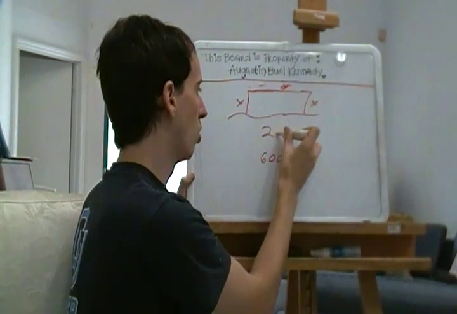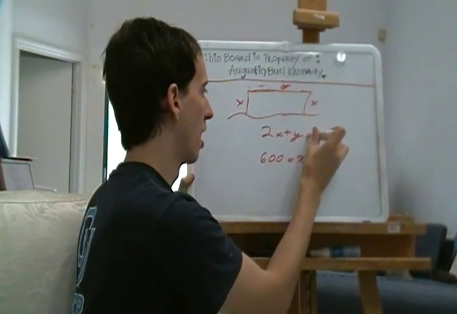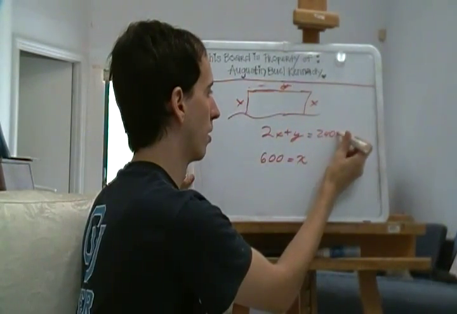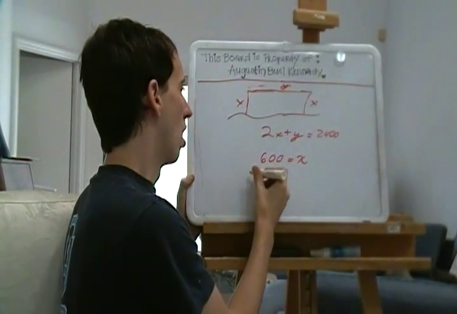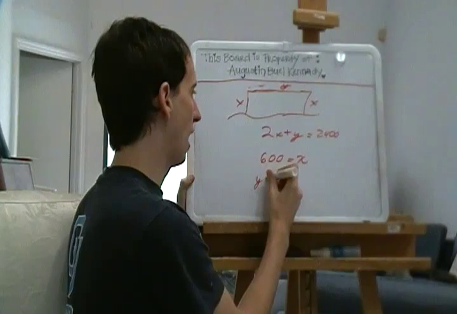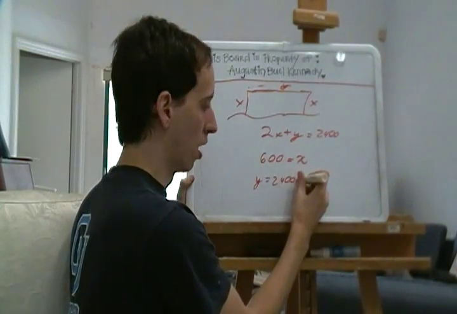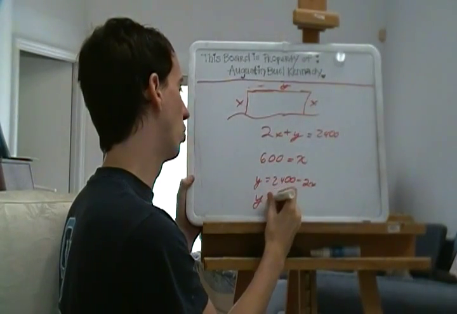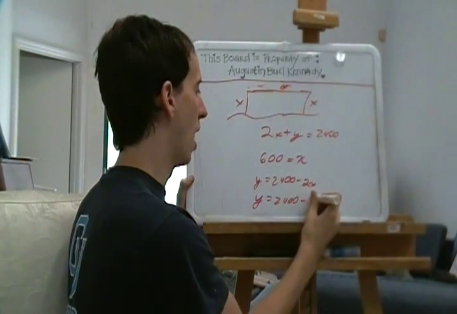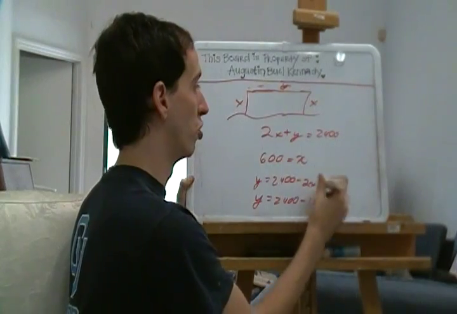Now that means 2x plus y equaled 2400. Okay, that's fine. Let's go ahead and plug this in. If y equals 2400 minus 2x, then y equals 2400 minus 1200.